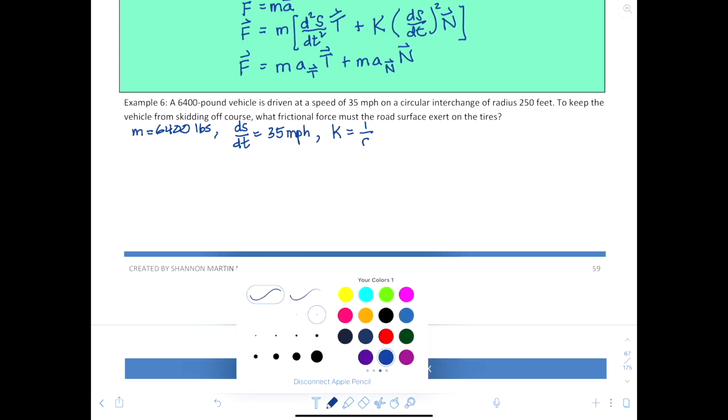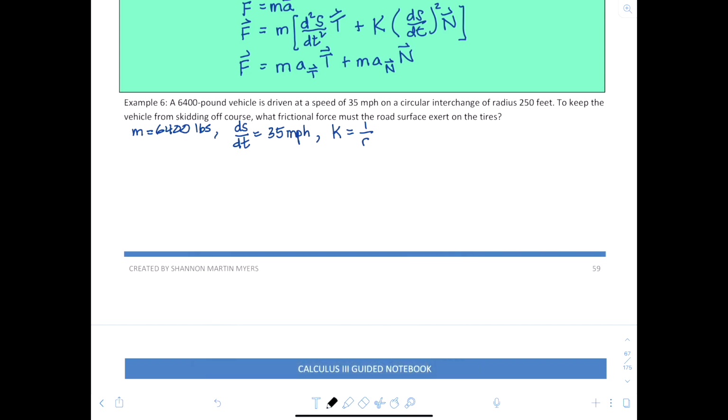So if you think about it, you've got something like this going on. You've got a circle, right? And this radius is 250 feet. And then you've got your truck right here carousing along.